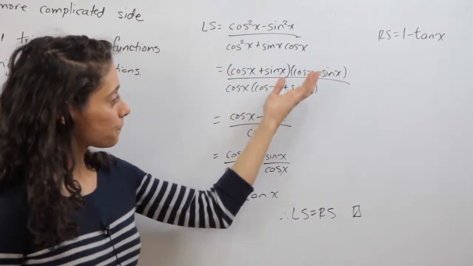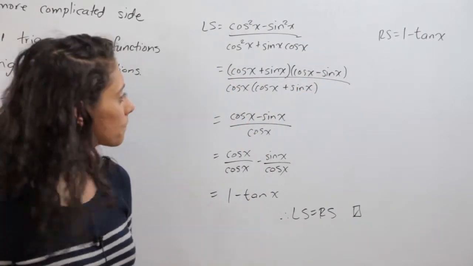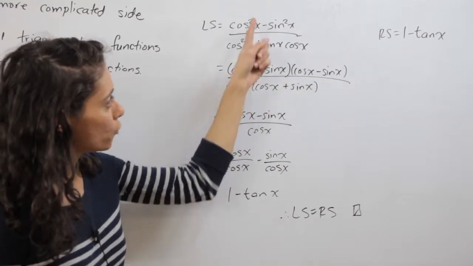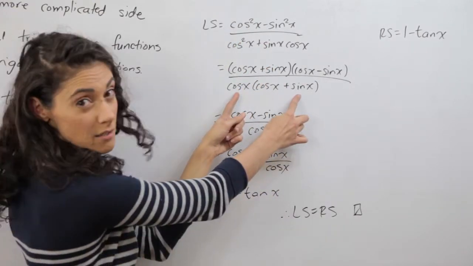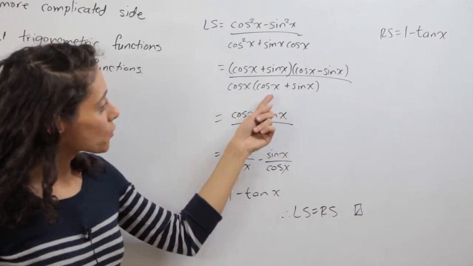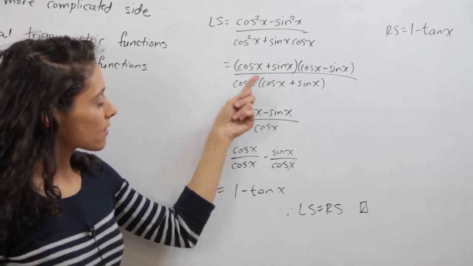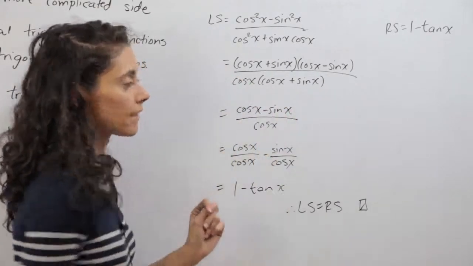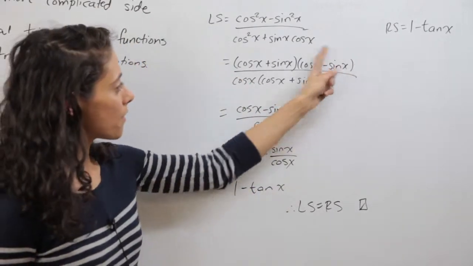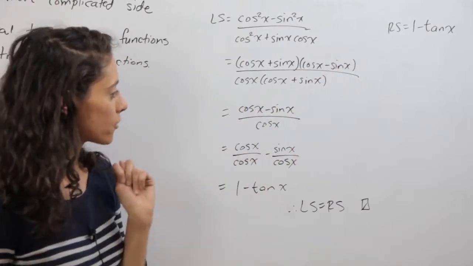And in the denominator, I pulled out a cosine x. You can check for yourself if you distribute, you would get that same thing back again, cos squared x plus sine x cos x. You'll notice we have a common factor, cos x plus sine x and cos x plus sine x. So in the next line, I've crossed those out, canceled them out, and I'm simply left with this big factor over that factor.